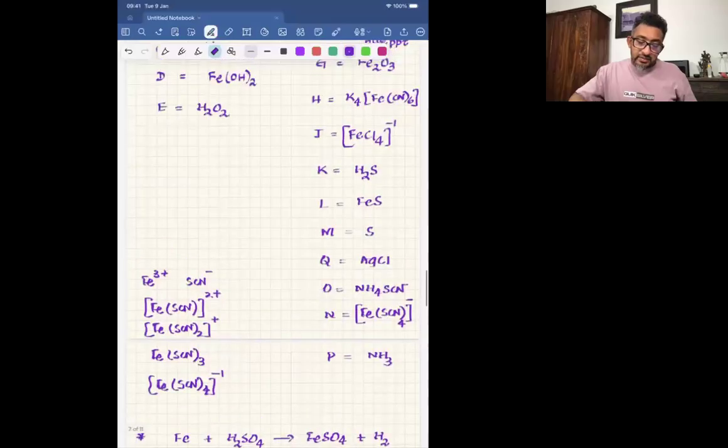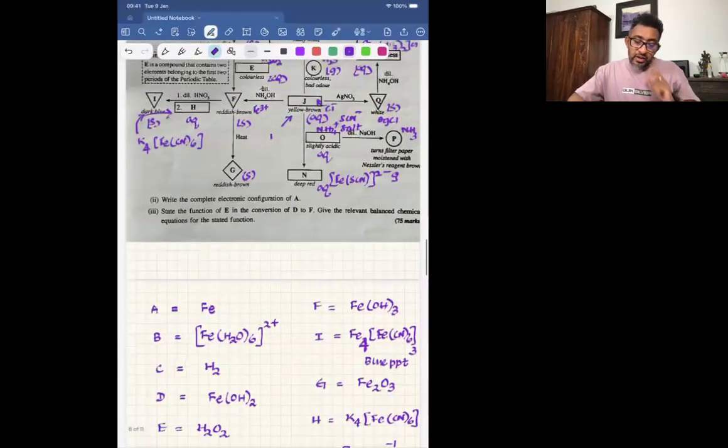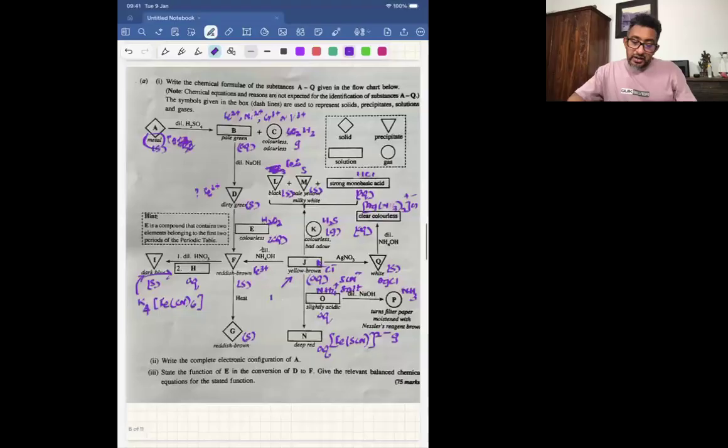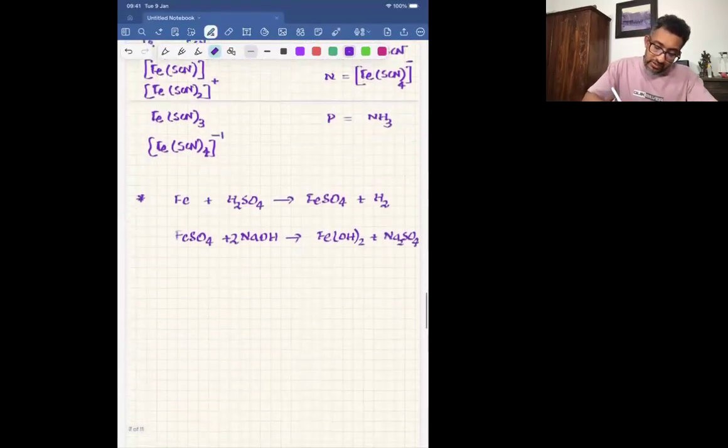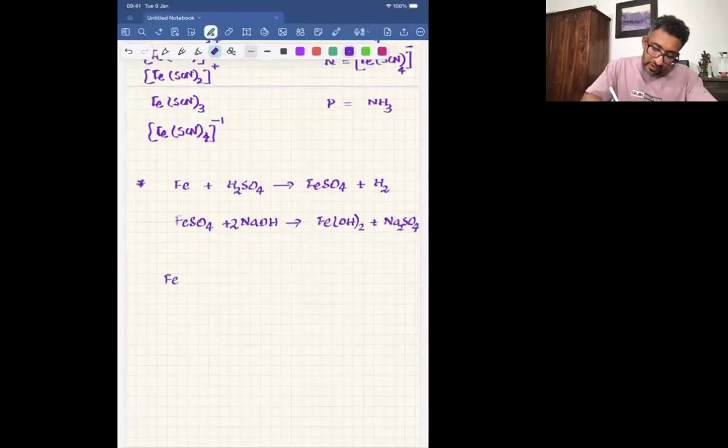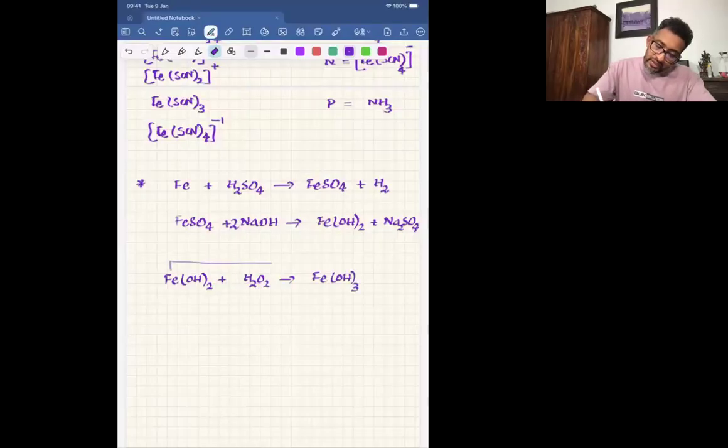What is the next reaction? So the dirty green precipitate, ferrous hydroxide, you add hydrogen peroxide, H2O2, and it gives you ferric hydroxide. Here the oxidation number increases, +2 to +3, by 1 electron.